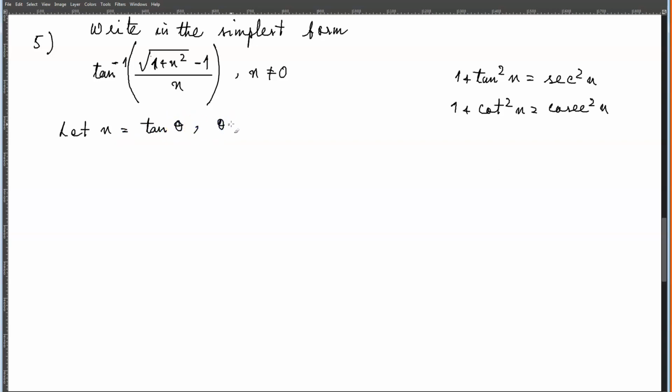Then theta would be equal to tan inverse of x, right?